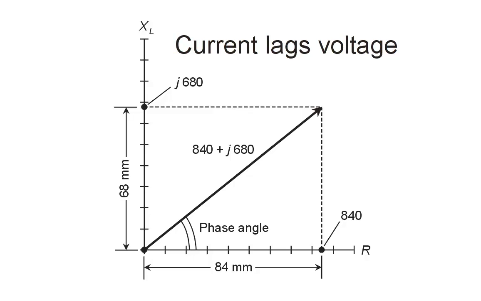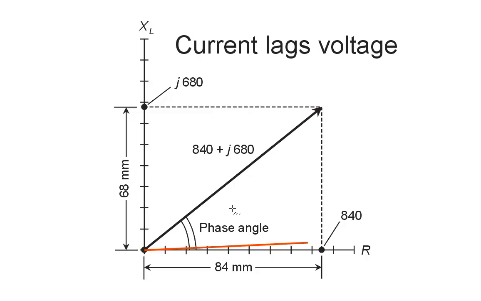It can lag that voltage by anything from near 0 degrees. If we have, for example, a certain amount of resistance and only a very small amount of inductive reactance, the phase angle is very small, the angle of lag is very small, near 0.